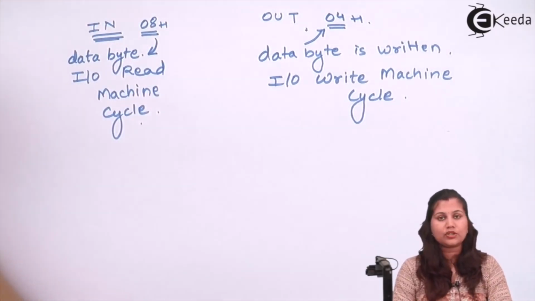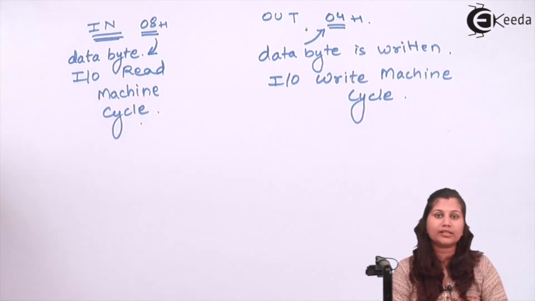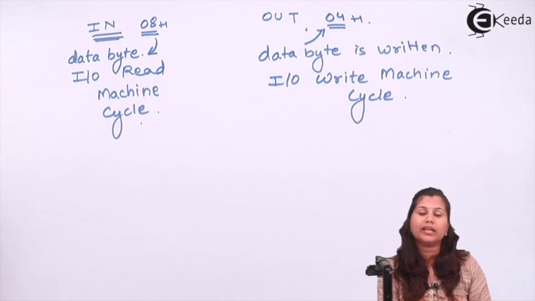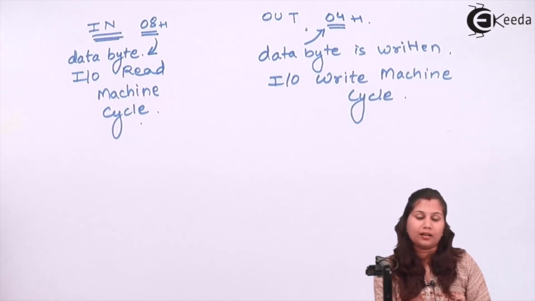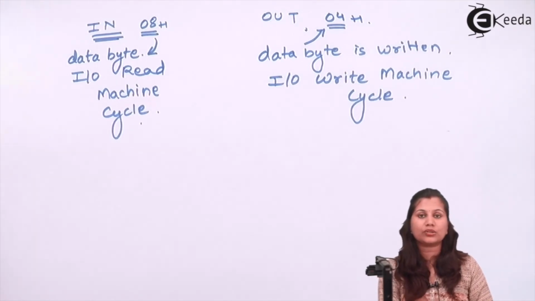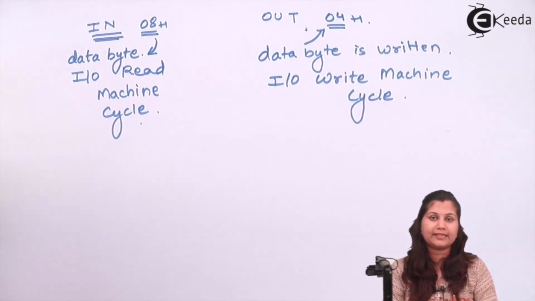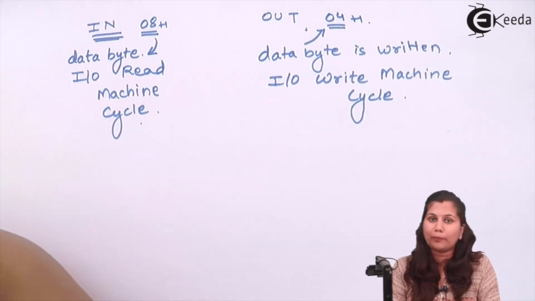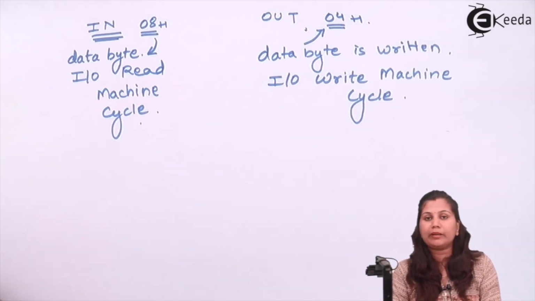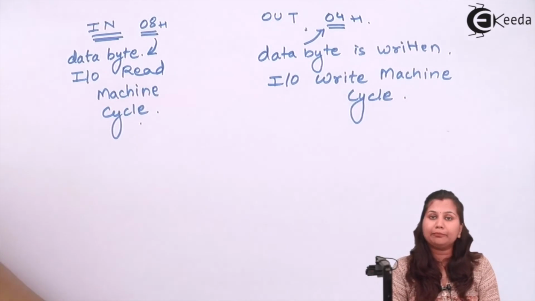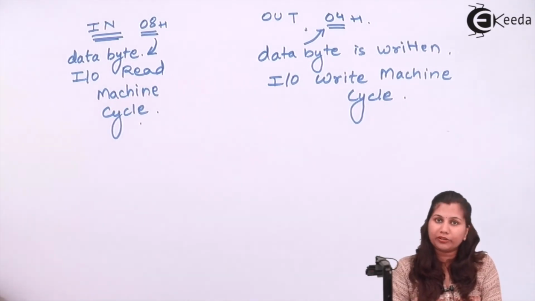So in this video we studied the various machine cycles, how the instruction is executed in the processor and how its execution takes place. There are various machine cycles associated, and the 5 machine cycles we studied were: first opcode fetch, then memory read, memory write, input output read, and input output write.